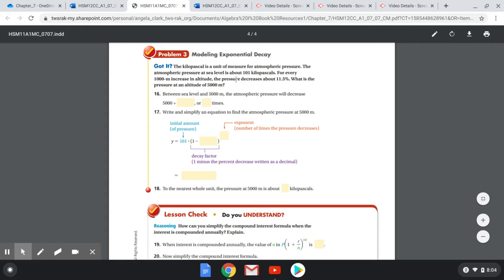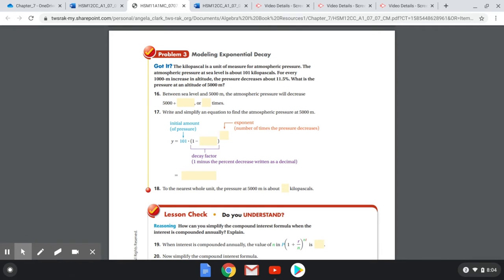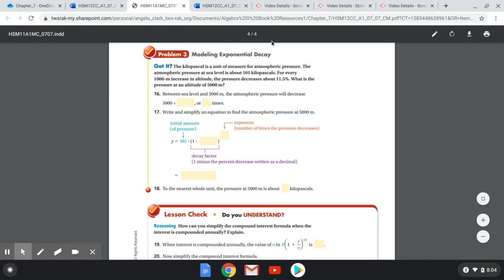So we are told that the pressure decreases by 11.5%. That tells us that we're using decay. Even if the problem doesn't say it, because it probably won't in your homework, the fact that it says decreases tells us that this is a decay situation.